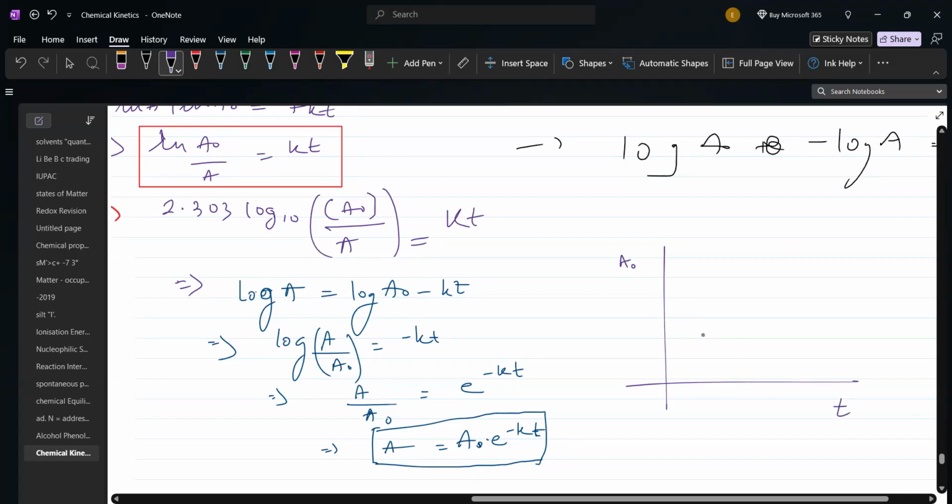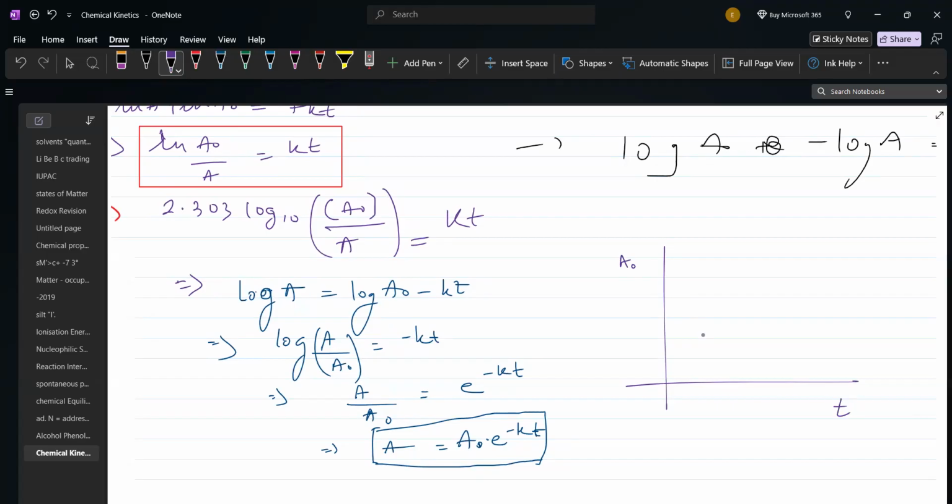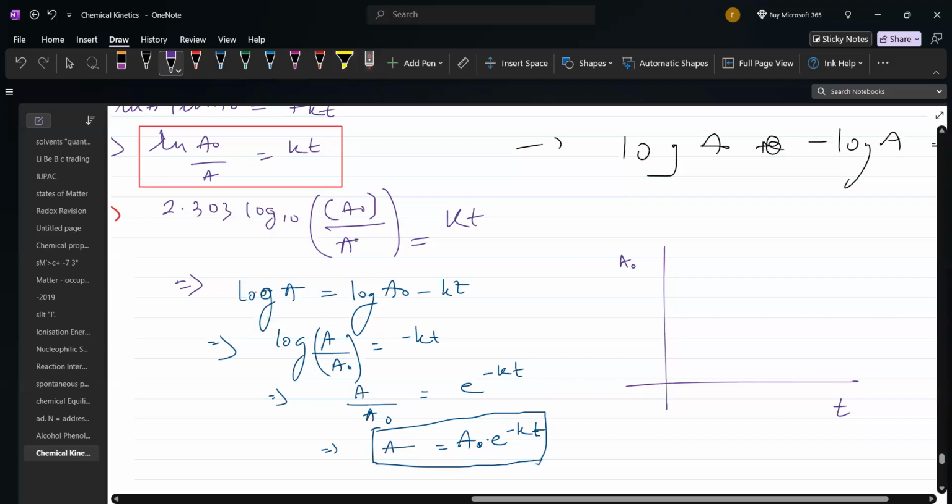Because we have drawn the similar graph when we did this for zero order reaction. So here also you can see, as we increase the time, this value will decrease, right?